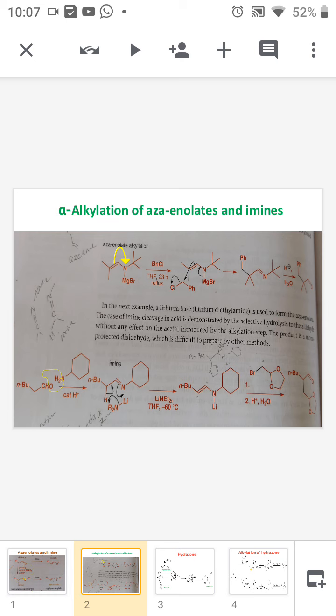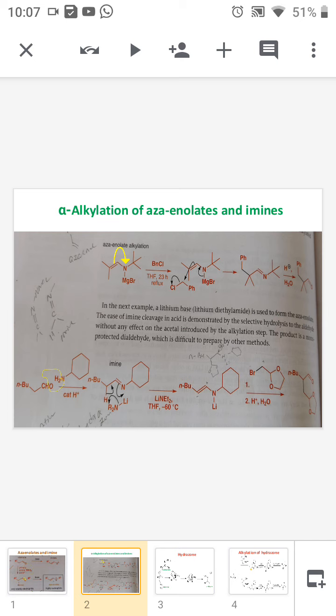Here this is the structure of the aza-enolate. In the aza-enolate, we have to concentrate on which bond. So C double bond C, which is singly bonded to the nitrogen. That bond is the specification of the aza-enolate.